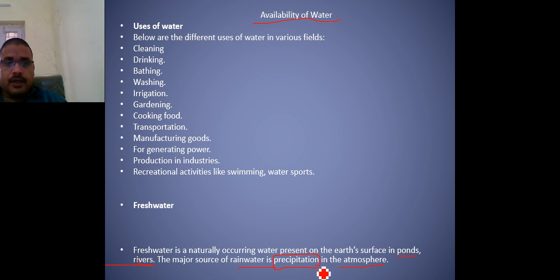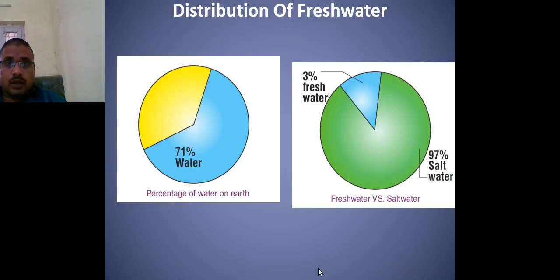Now, this point is also for understanding purposes, and you also have to note another thing, that is the distribution of fresh water. Here, the percentage of water on the earth: 71% of the earth is covered with water, according to this data.